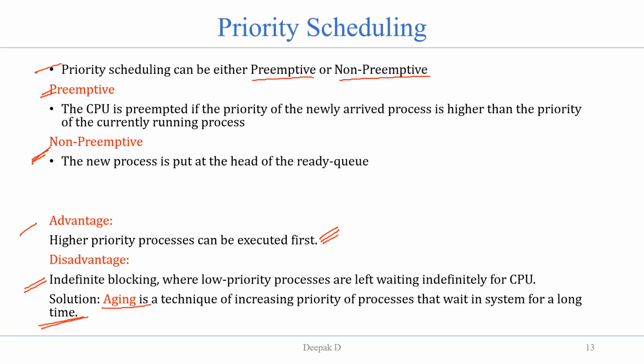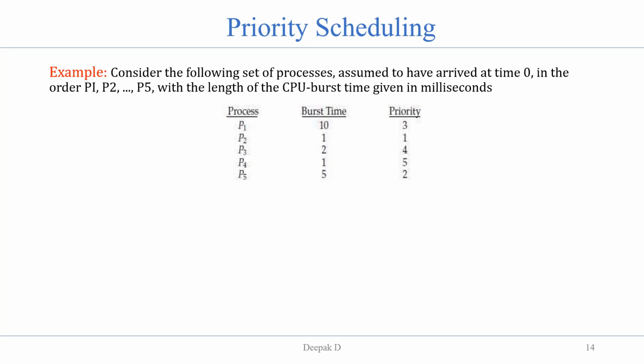Now we shall discuss problems of priority scheduling, both preemptive and non-preemptive. In this example there are 5 processes, and we assume that all 5 have arrived at time 0, in the order P1, P2, P3, P4 and P5, and the length of the CPU burst time is given in milliseconds.